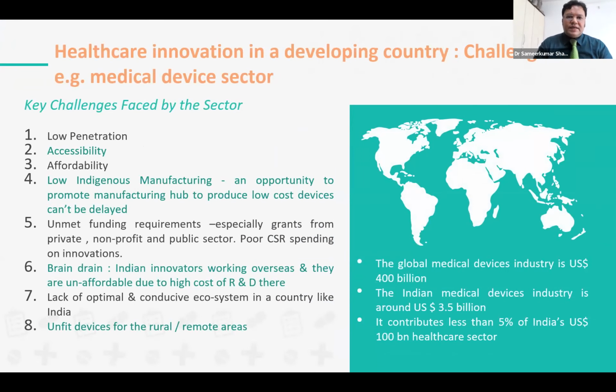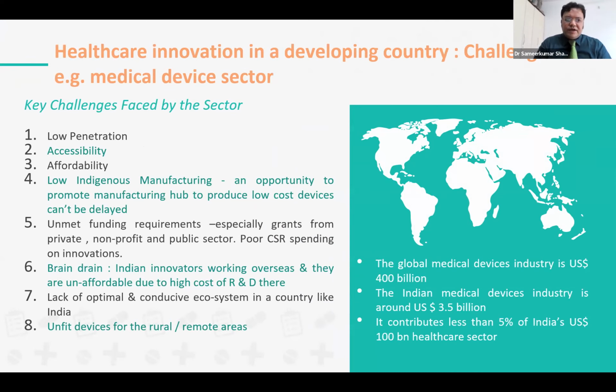Now, again, what are the challenges to innovate and why? Where is the problem? The medical device sector faces some challenges, wherein we have very poor indigenous manufacturing. Again, there are unmet funding requirements. For research and development, we need grants rather than loans or any other kind of funding.